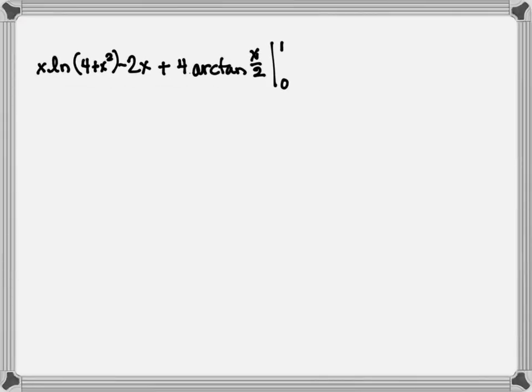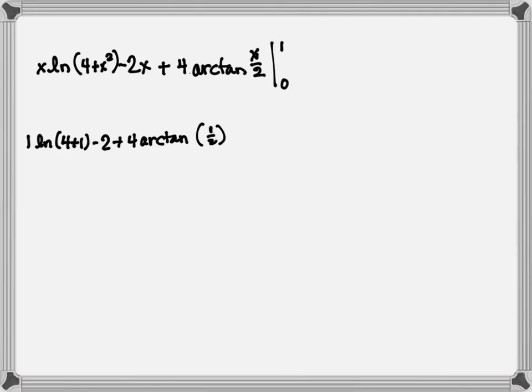Okay, so if we evaluate this at 1, I have 1 natural log of 4 plus 1 minus 2 plus 4 arc tangent of 1/2. That's putting in the 1. We've gotten really good into a habit of thinking that putting in zeros always zeros everything out, and it doesn't always, right?